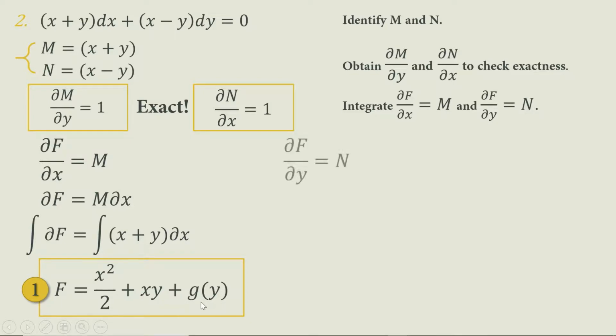And for the partial derivative of f with respect to y, which is equal to n, cross multiply, substituting for the value of n, which is x minus y, and then integrate both sides.